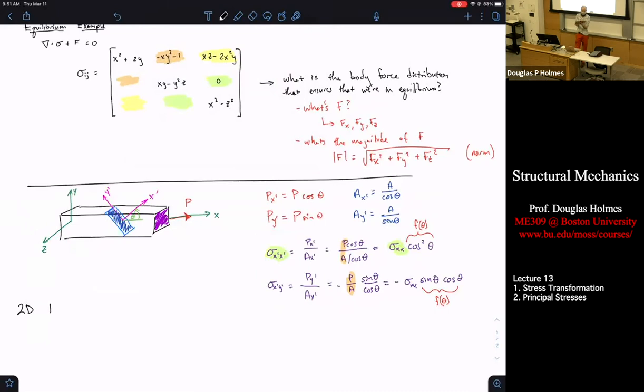And as we'll see, unlike Mohr's circle, with a little bit of help, this one's pretty straightforward to take us from 2D to 3D.